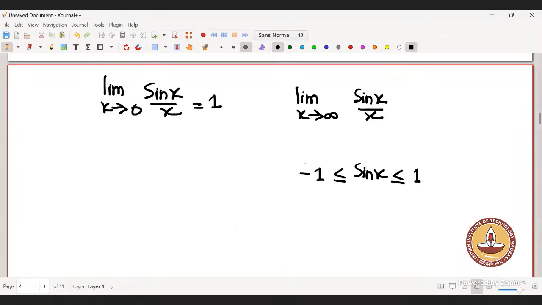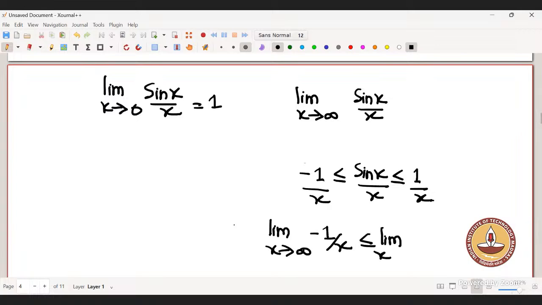If I divide by x, I get minus 1 by x less than or equal to sin x by x less than or equal to 1 by x. As x tends to infinity, both bounds are 0, so by the sandwich lemma, sin x by x is 0.